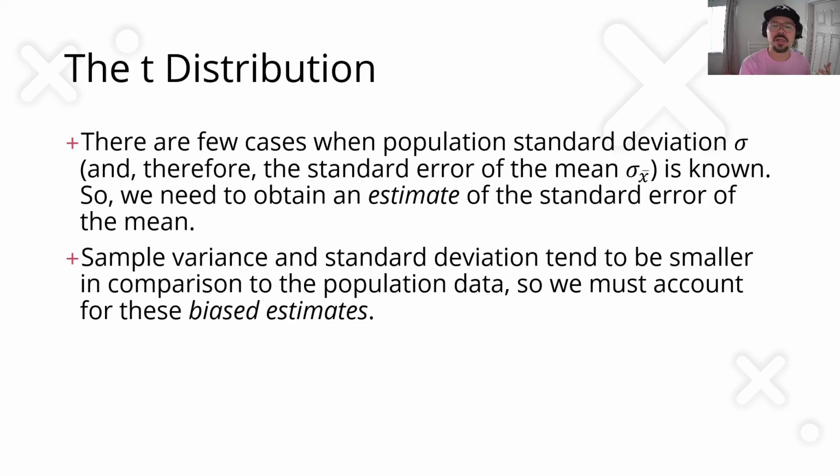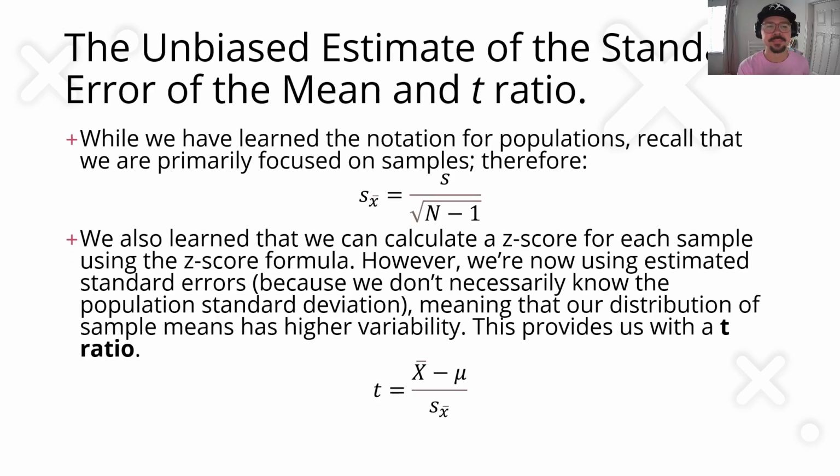But in order for us to make the claim that the sample data that we're pulling is a good estimate of the population, we have to account for biases, and the bias of having a smaller sample that is not the same as the population size.